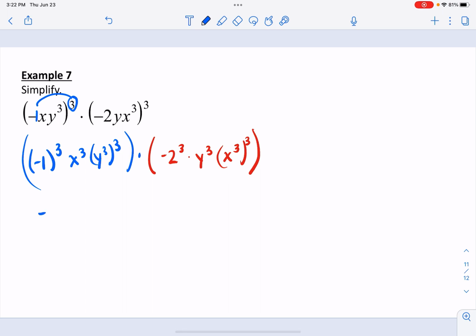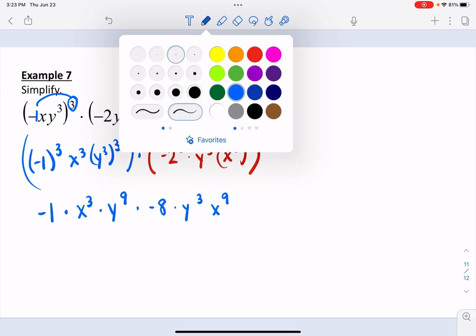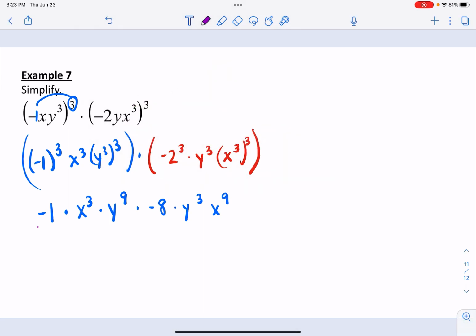-1 to the third, well, that's -1. Times x to the third, y to the third, power to a power. I multiply those powers. -2 to the third, well, we just did that. That was -8. Times y to the third, x to the third to the third, x to the 9th. Now, multiply the common items together.